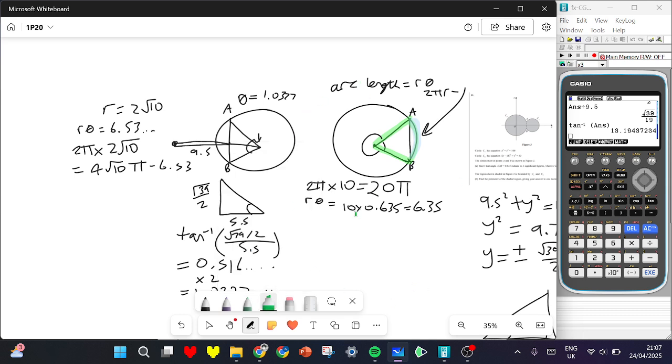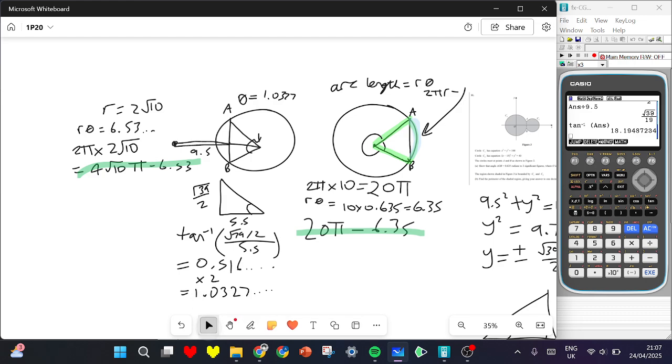Okay, so we need to add that. Oh, I didn't write it out properly there. Okay, so the whole perimeter for just that bit here is 20 pi minus 6.35. To find the total perimeter, we're going to add this and this one.